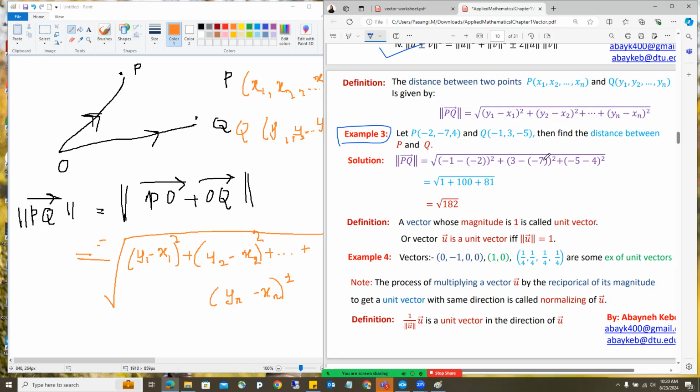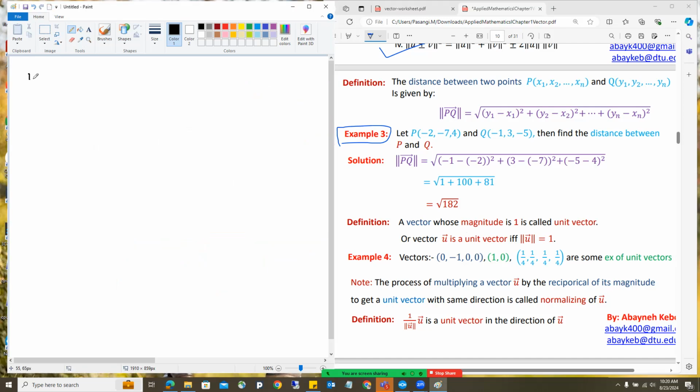Now we have a special vector called unit vector. How we define this unit vector is very easy. Let's assume we have a vector called u. If we find out the magnitude of that vector u, and if that magnitude is equal to 1, we call that vector a unit vector.